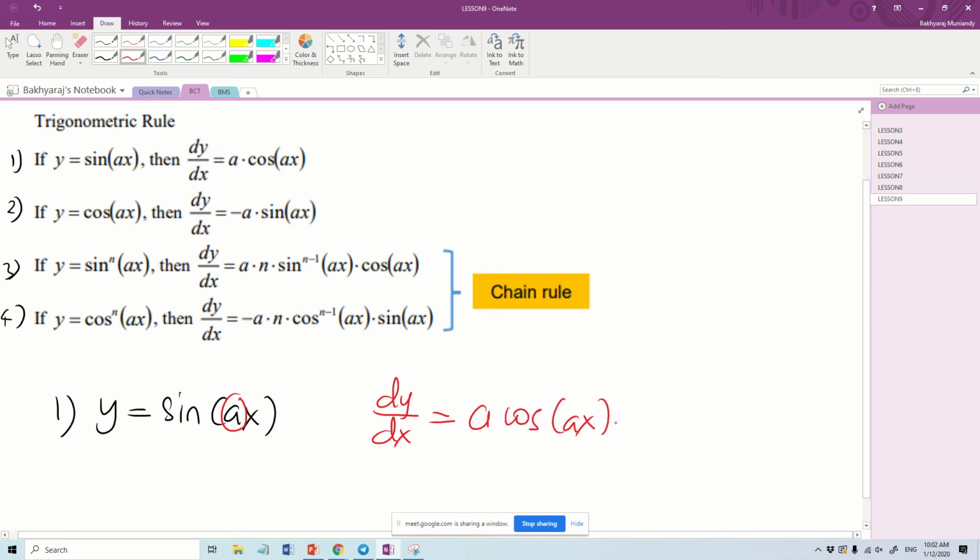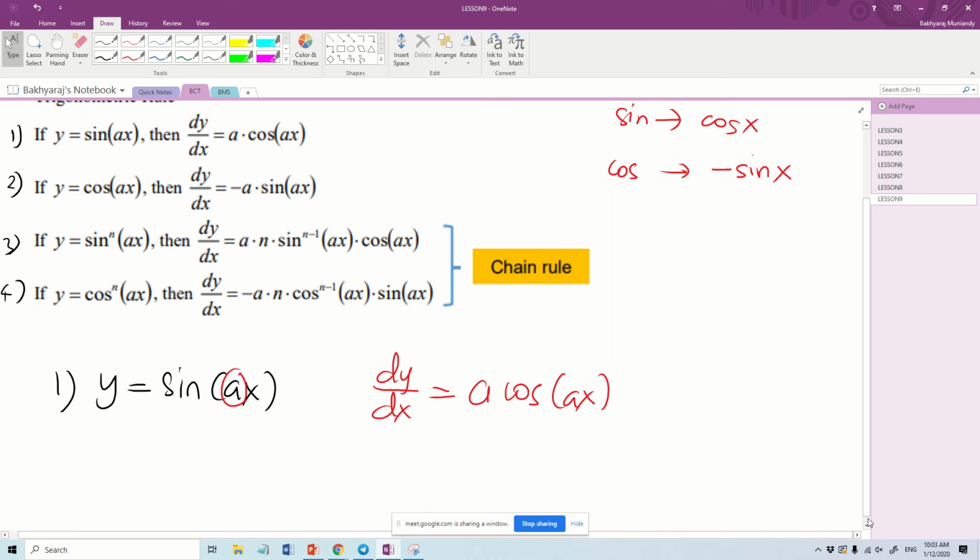So that is the answer. Sin changes to cos, and cos changes to negative sin. Remember this, and if you can remember this, you can do any problem. Sin differentiated gives cos, cos differentiated gives negative sin. So that's number 1.